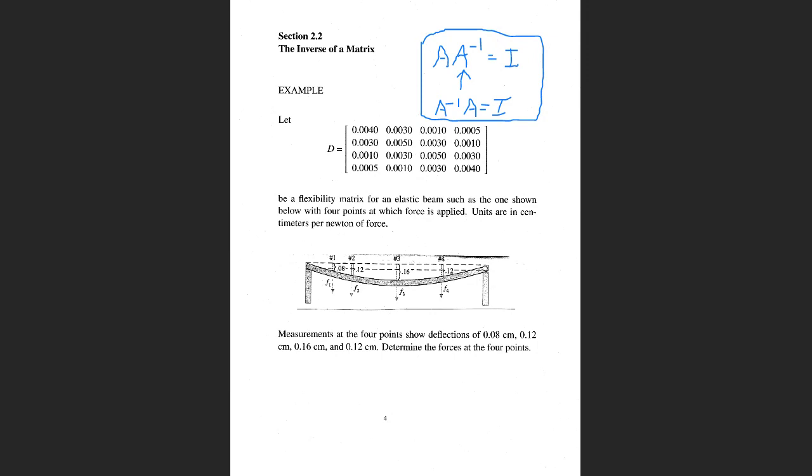There's an algorithm that you learned about in section 2.2. Sometimes, though, you want to use a computer to help you find the inverse of a matrix. And in this problem, dealing with what's called a flexibility matrix, we'll use MATLAB to find the inverse. So let me give you a moment to copy this example down.